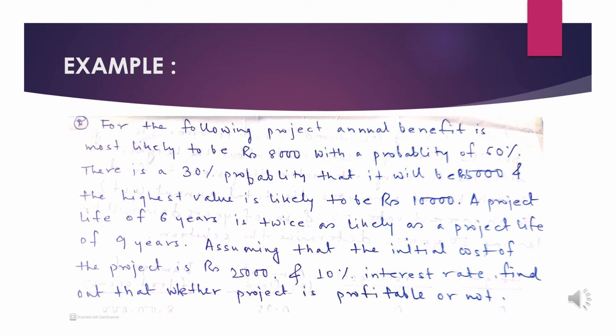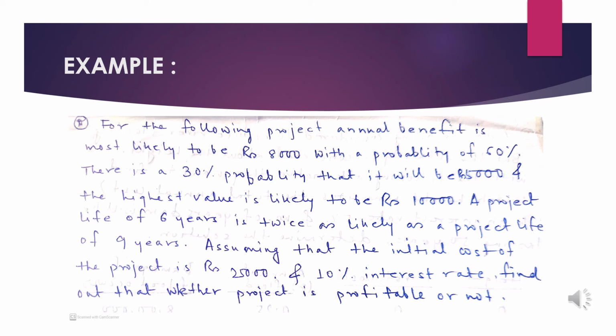Taking another example, for the following project, annual benefit is most likely to be 8,000 with a probability of 60%. There is a 30% probability that it will be 5,000 and the highest value is 10,000.